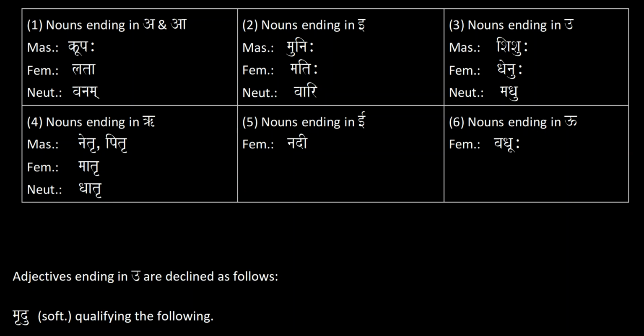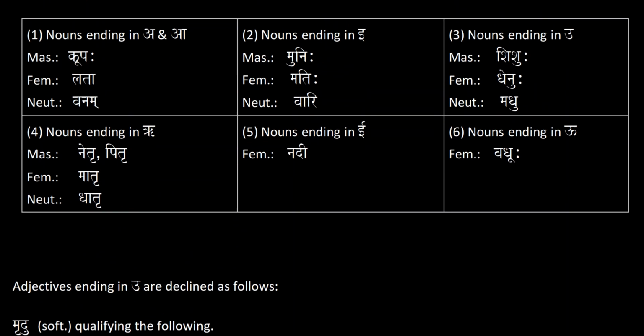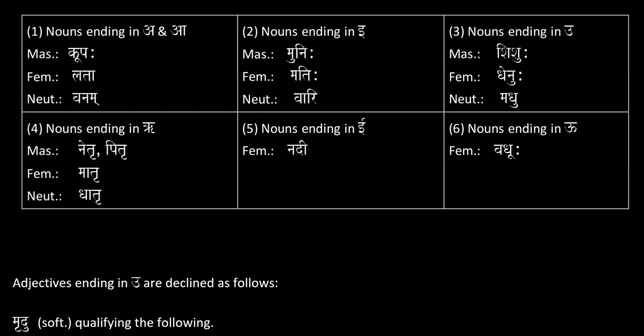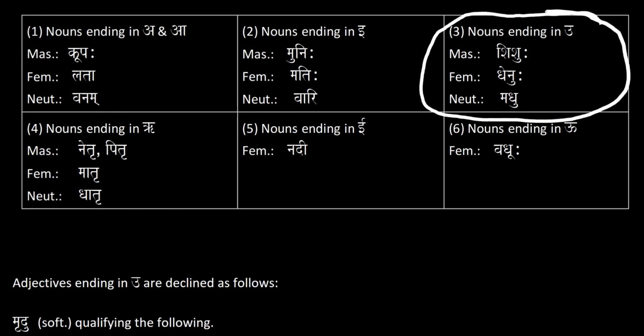In this lesson, we will be learning about adjectives ending in u. Since adjectives have to agree in gender, number, and case, we will want to take a look at how nouns ending in u are declined, because we will be using this declension for adjectives ending in u.